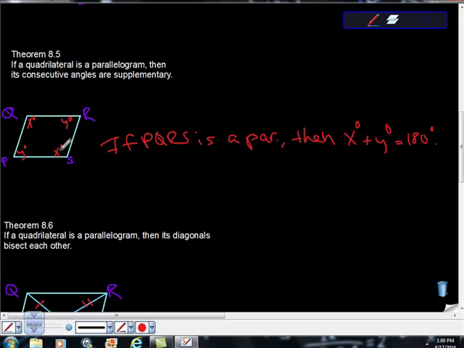That's simple. So Q plus R should give you 180. P plus S should be 180.